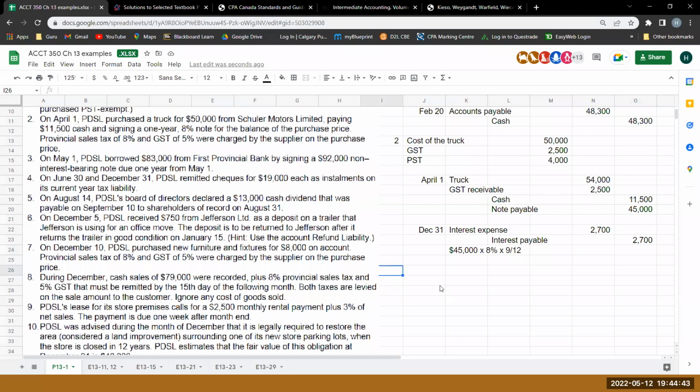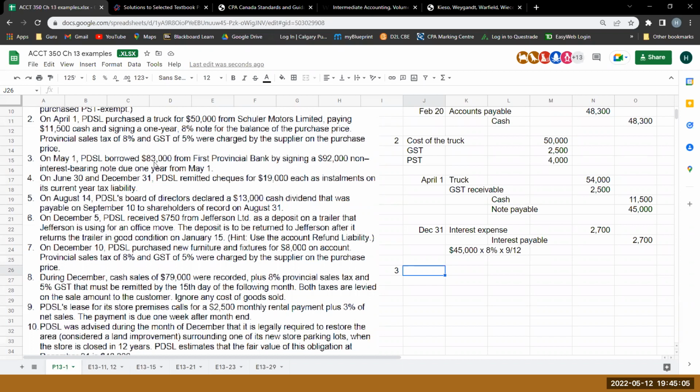All right. Number 3, on May 1st, PDSL borrowed $83,000 from First Provincial Bank by signing a $92,000 non-interest bearing note due 1 year from May 1st.